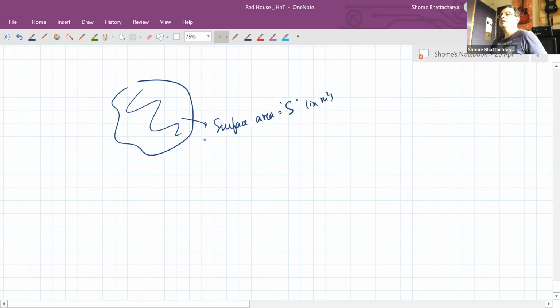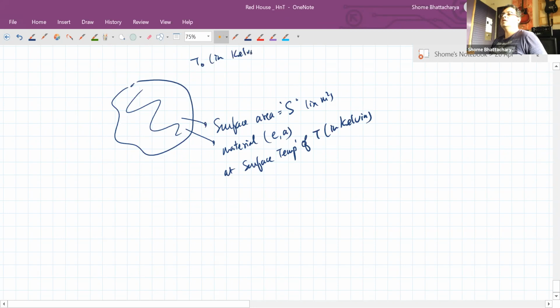That's the surface area, and it's a material with emissivity equal to e and absorptivity equal to a, and it is at a surface temperature of capital T in kelvins. And this body has been kept in an environment which has a temperature T naught in kelvins. So this is the surrounding temperature.